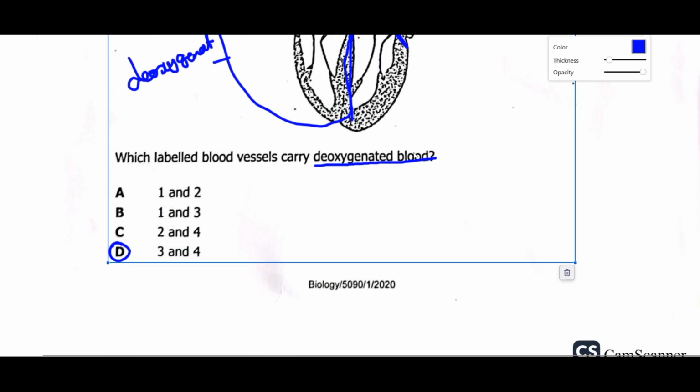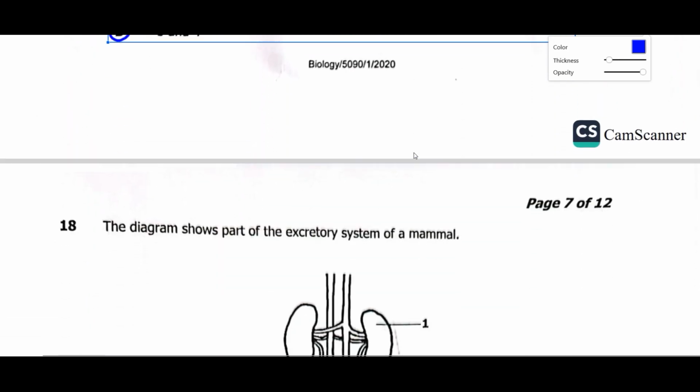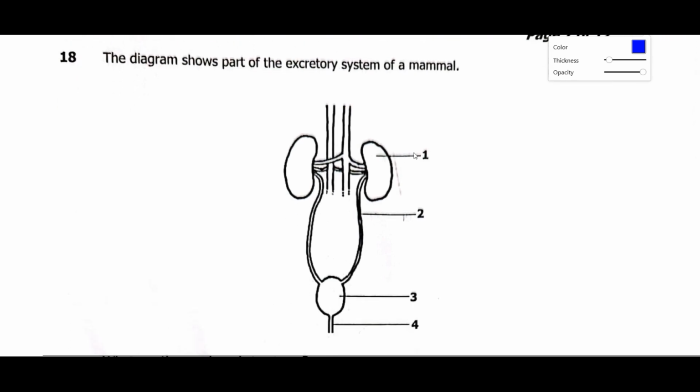Right, we move on to question 18. The diagram shows parts of the excretory system of a mammal. So 1 is a kidney. The kidney works in urine formation, and for the endocrine system it contains the glands known as adrenal, which secrete adrenaline that prepares the body against danger.